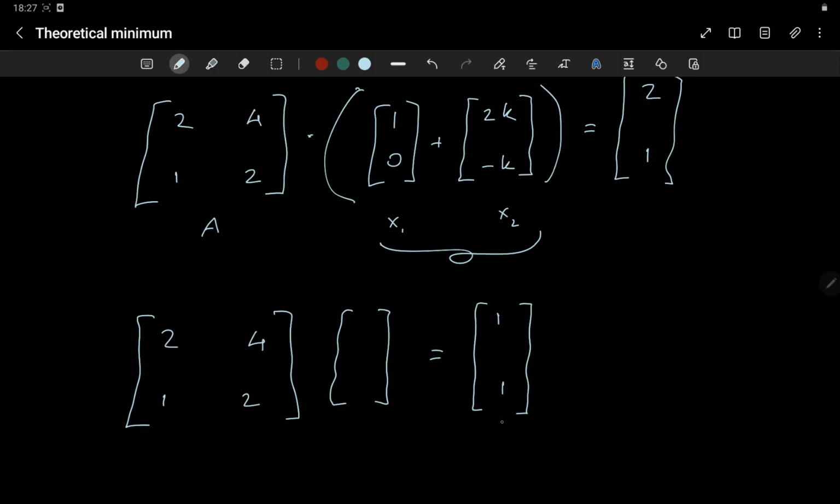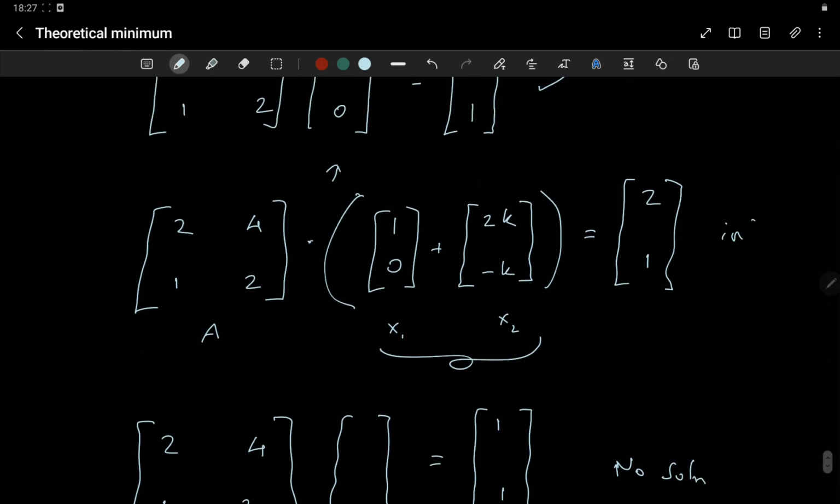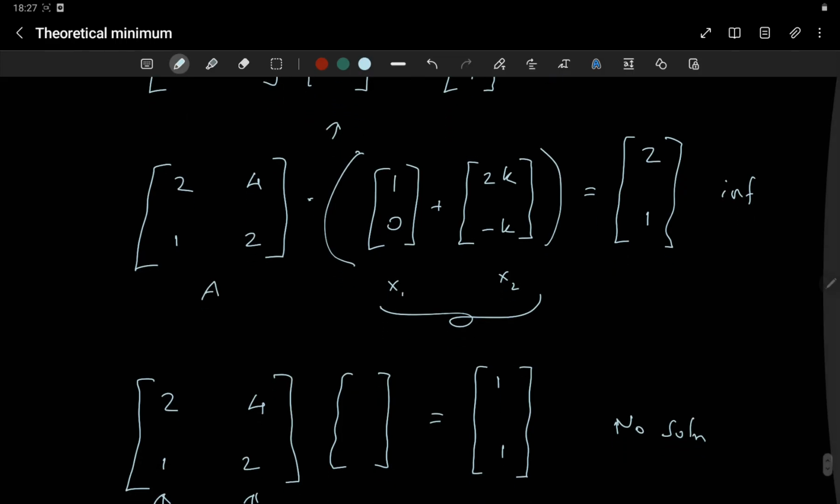Whether this 1 1 is in the span of these two vectors, it has no solution. So either you will be in a case where there is no solution, or you will have infinite solutions.